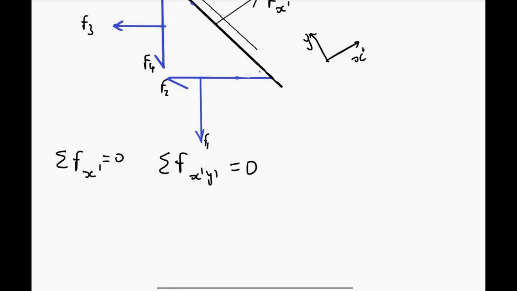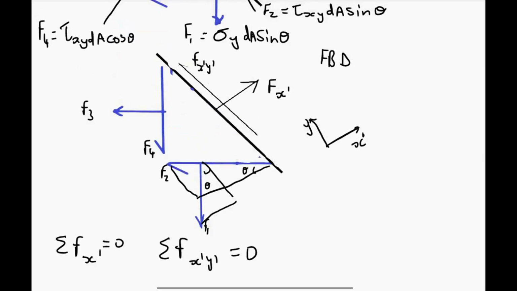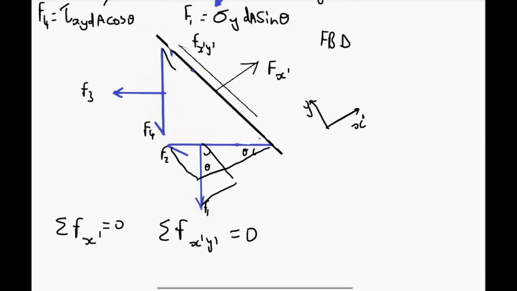The components of F1, in addition to that angle, will be something like this, and F2 similarly is that way. Then F4.